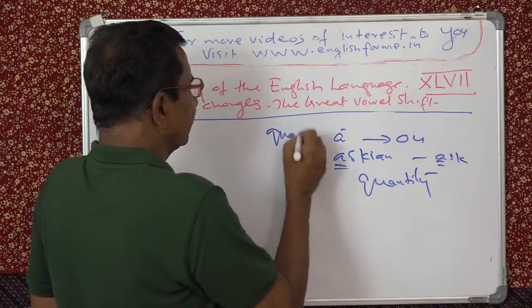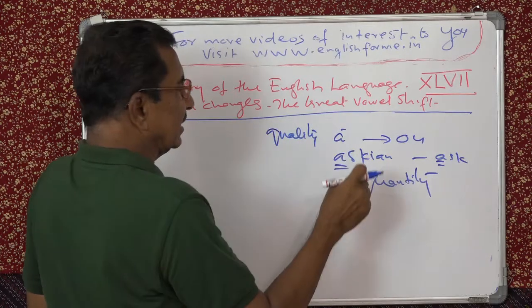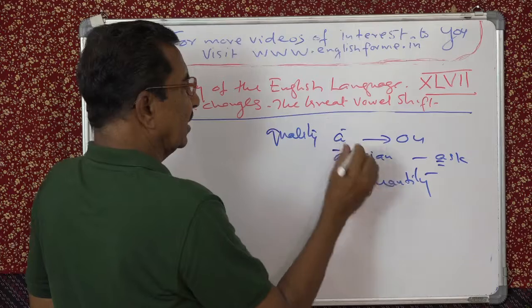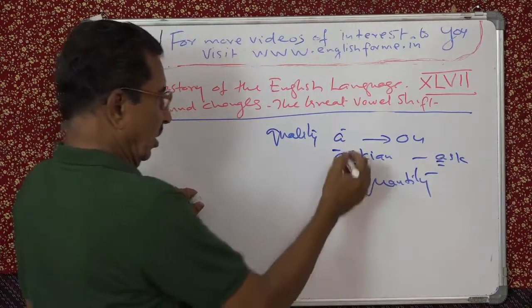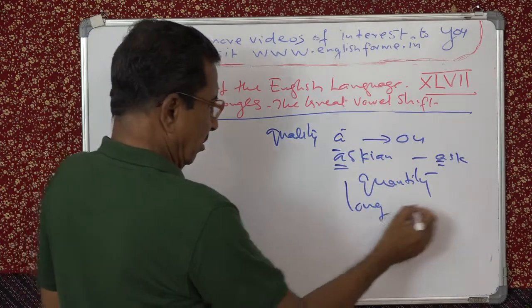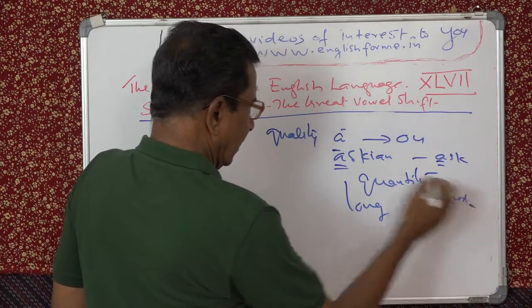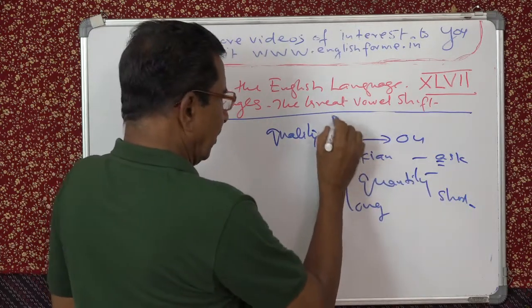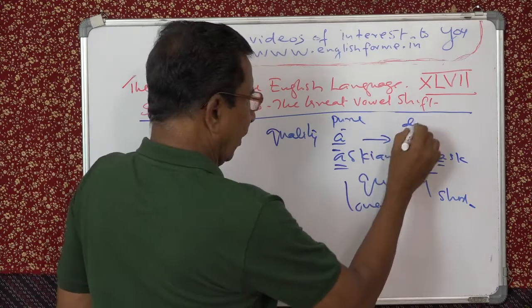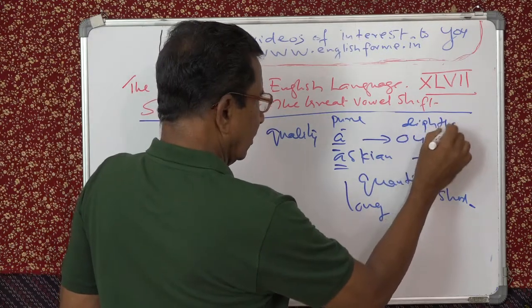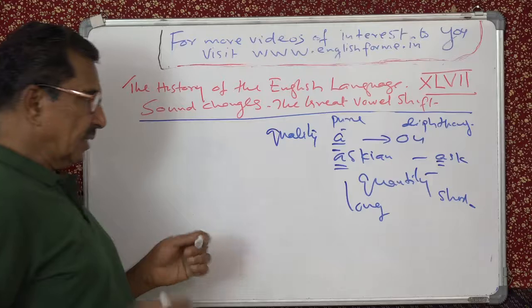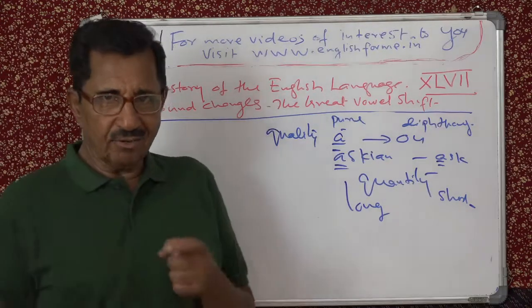Here it is a length change: askian, ask, long, short. Here it is a pure vowel becoming a diphthong. So that is the change. I think it is clear to you. Quality and quantity. Yes.